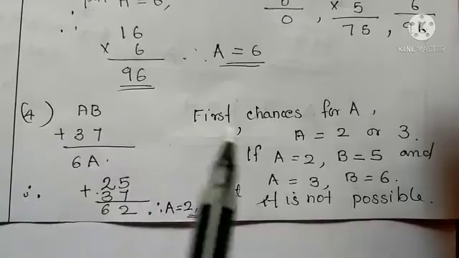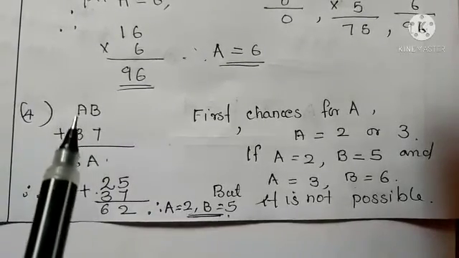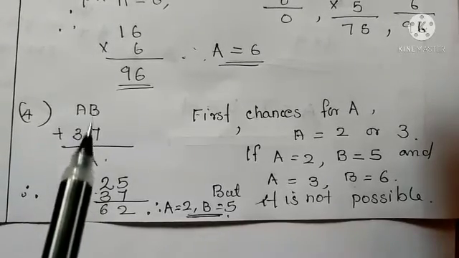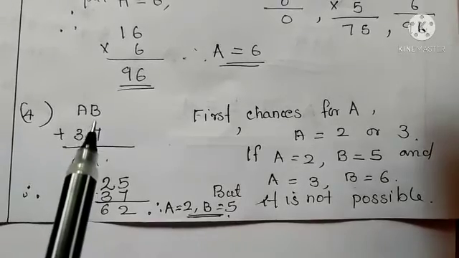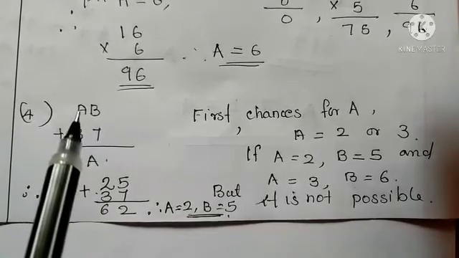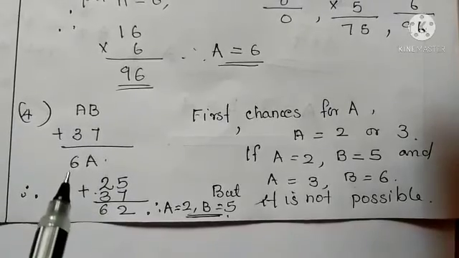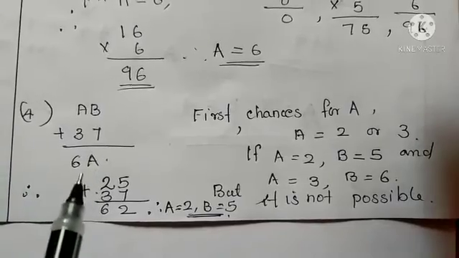First we can check if A equal to 2. If A equal to 2, here 7 plus which number will get 2? 7 plus 5. Then this number will become 25 plus 37. So for A equal to 2, this is proved.